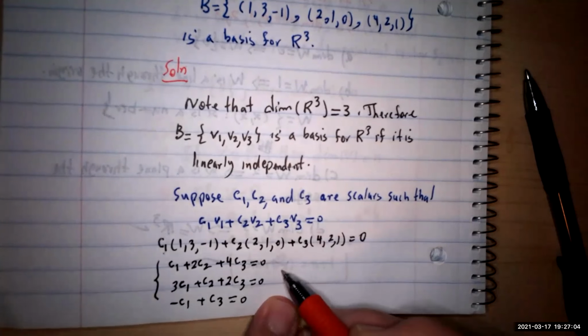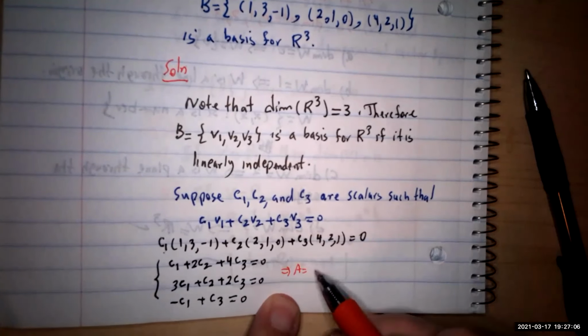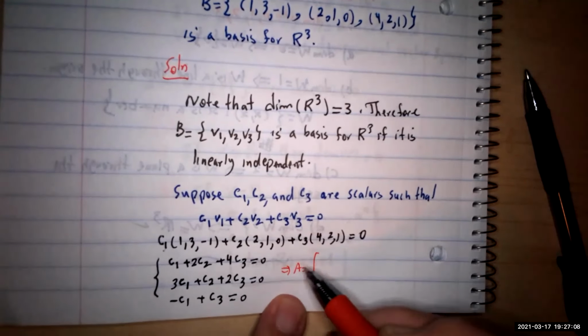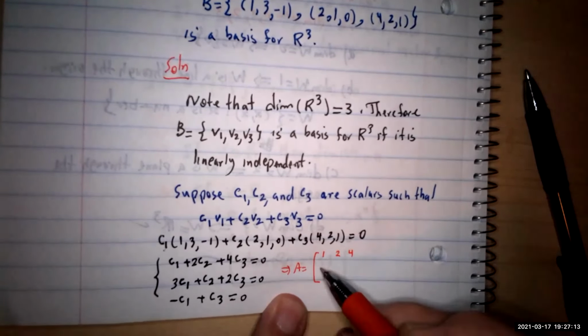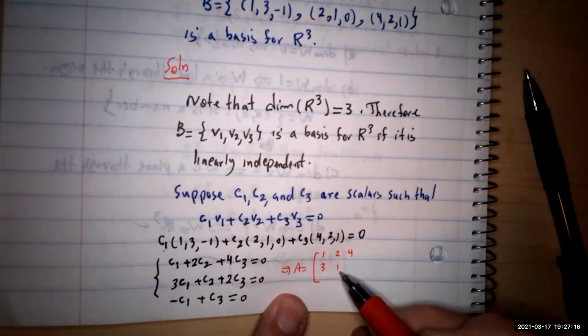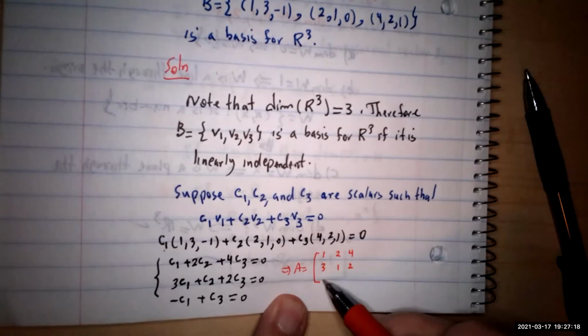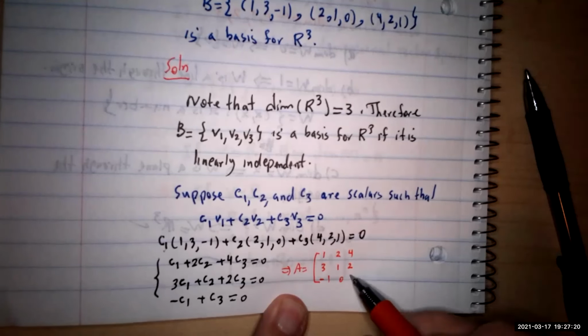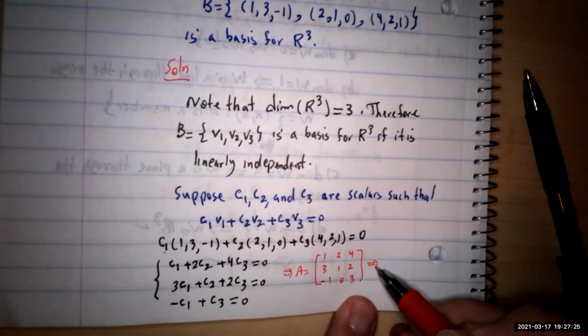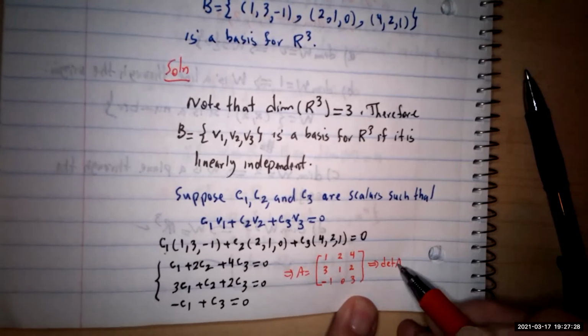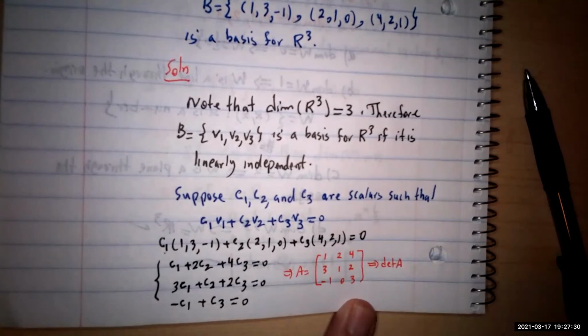The matrix of the coefficients has rows 1, 2, 4; then 3, 1, 2; and the last row negative 1, 0, 1. If you find the determinant of A, it is very easy to find.